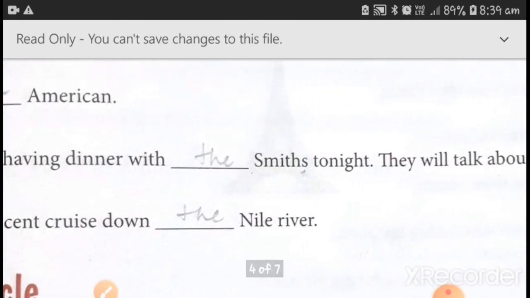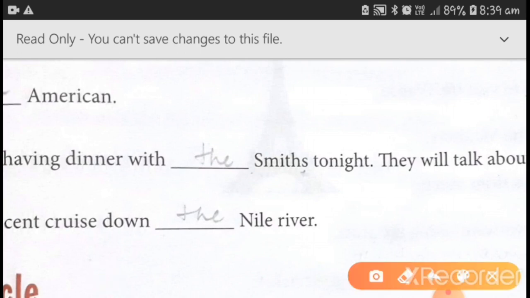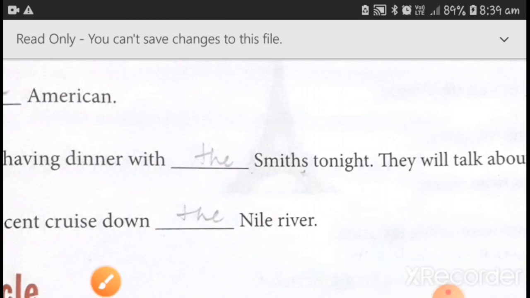As I already said, Guptas, Smiths, Rices, many more family names are there, and we also add s for the plural. If it is plural, we have to use the article. For the singular only we use a and an, but for the plurals we have to use the article.